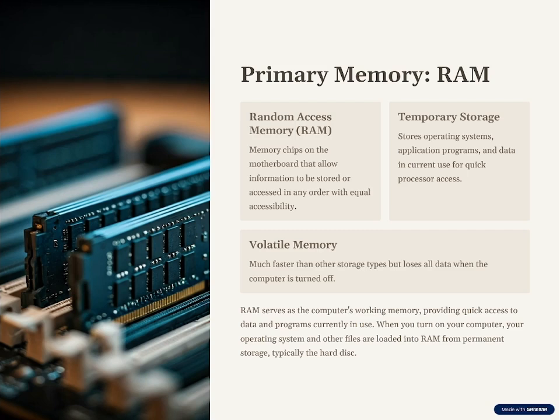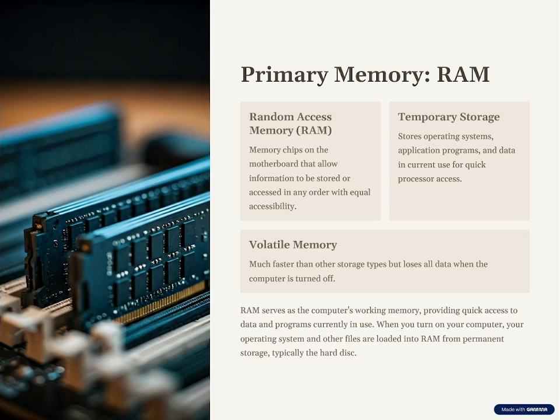When you study operating systems, you will discover they aid in memory management activity. They are the temporary storage. The temporary storage will store the operating system, applications, programs, and the data in current use for quick processing and access.